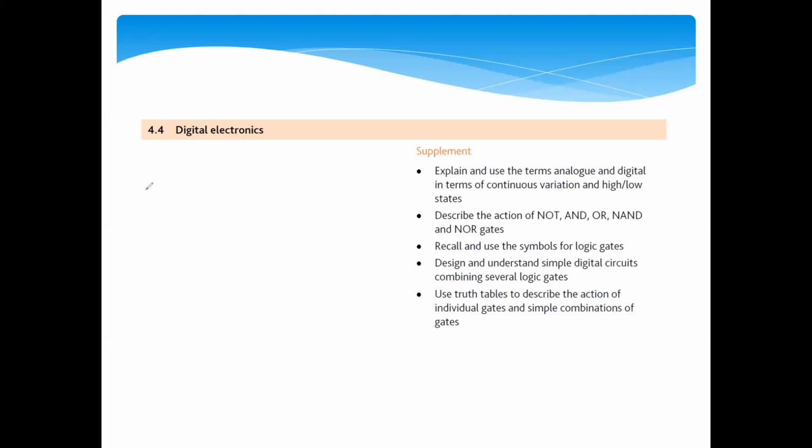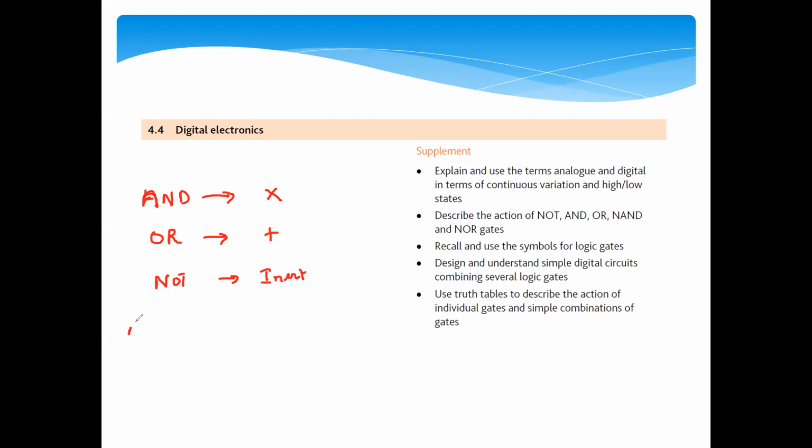So just remember how to get the result. You should be able to draw the circuit symbol. If it's an AND gate, how do we get the result? We get it by multiplication. If it's an OR gate, how do we get the result? By addition. If it is a NOT gate, how do we get the result? By inverting.